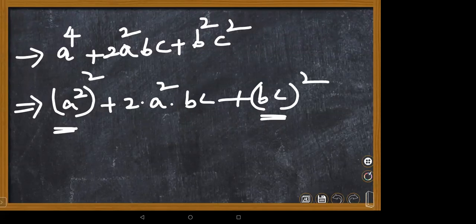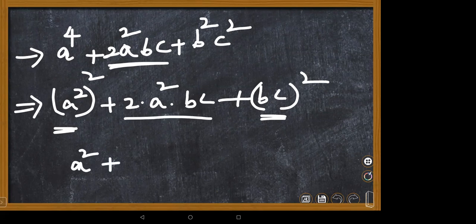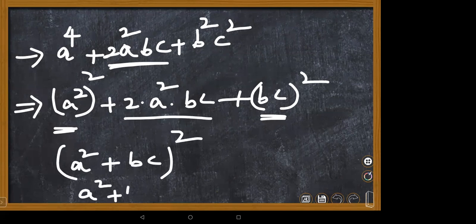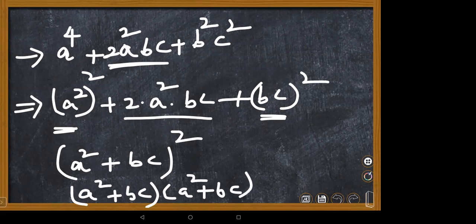Yes, it is correct. So I can use a plus b whole square. So a value is a square, b value is bc, so this can be written as a square plus bc, bracket a square plus bc, because any term with power 2 means we have to multiply it twice. Yes, ma'am. Next one.